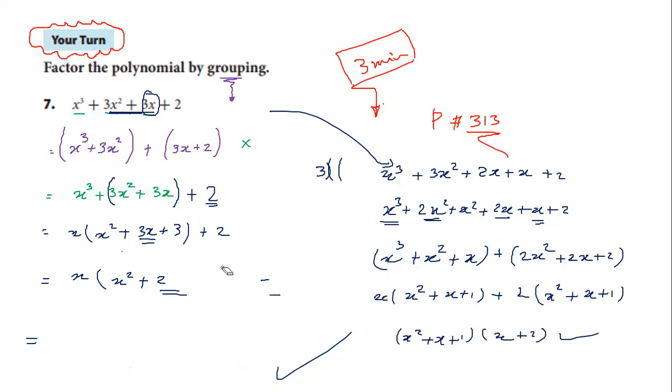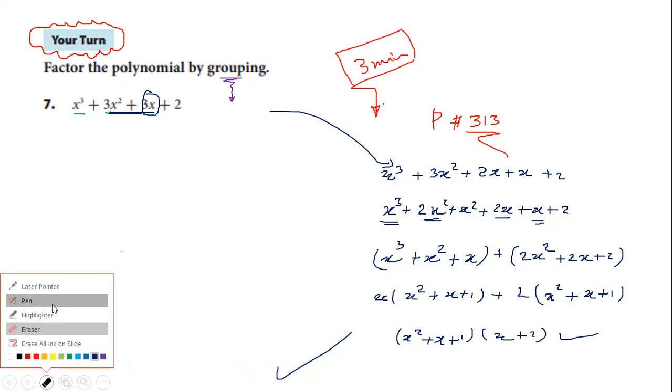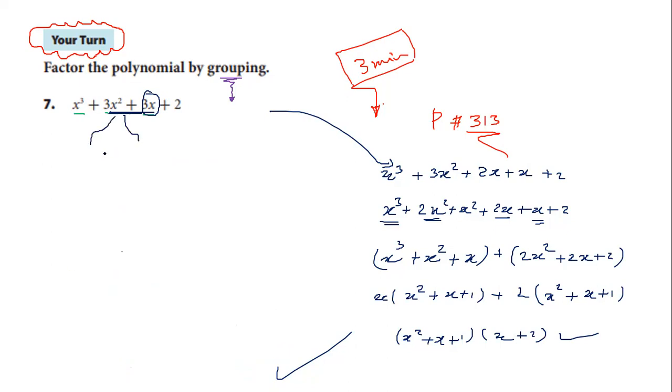Because you have to split the 3x squared as 2x squared and x squared, and split the 3x as 2x and x. So it's grouping in another way. You have to write these terms first as the sum of 2x squared and x squared, and 3x as 2x plus x.